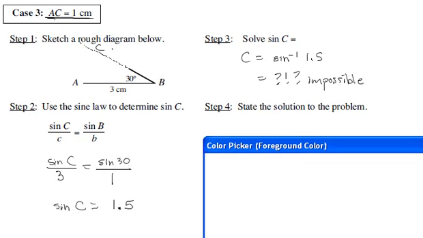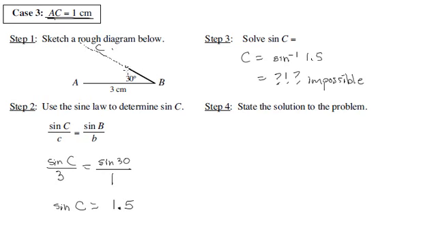How is it impossible? Well, take a look at this triangle up here. If this is 3 centimeters, then 1 centimeter is like that. And if you have a side that long, no matter what angle you put it at, you can't make a triangle simply because this red side isn't long enough to reach.